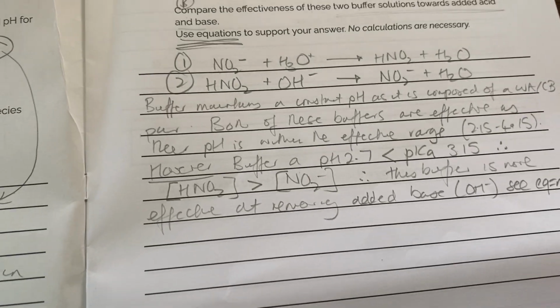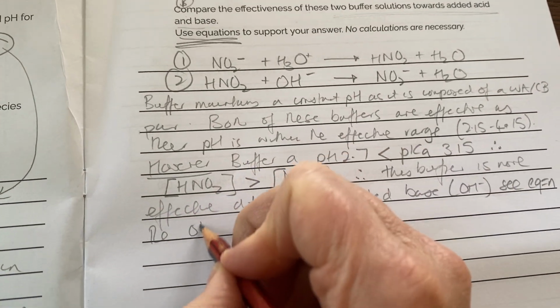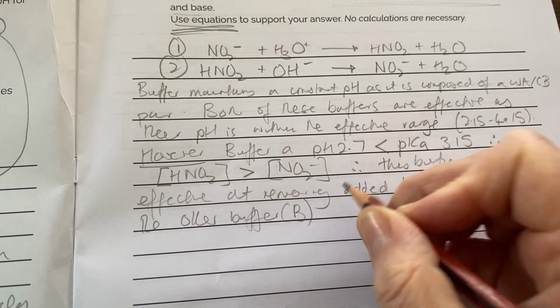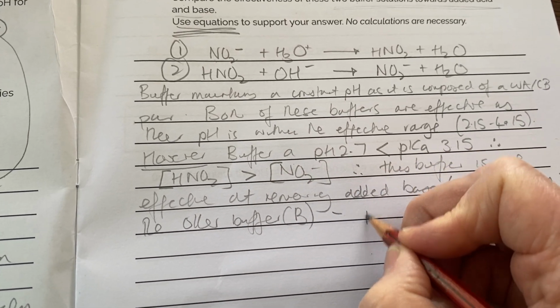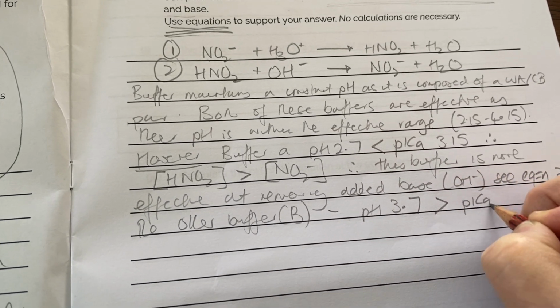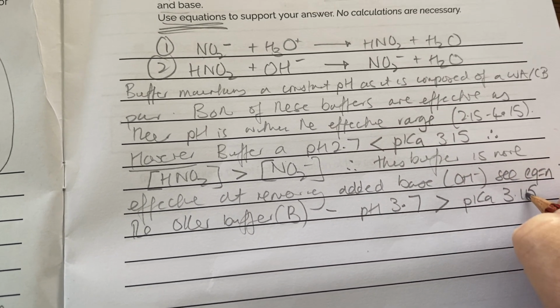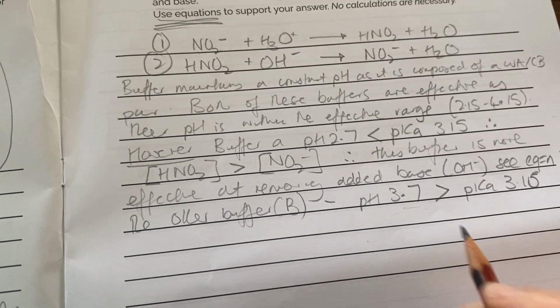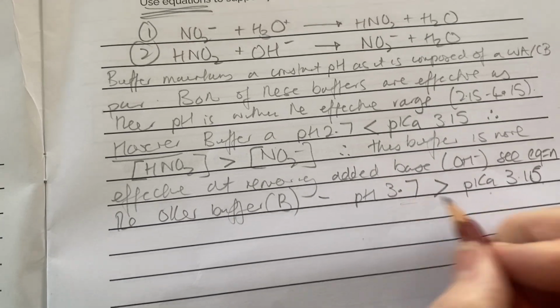Okay, and the other buffer, buffer B I named, has got a pH of 3.5, which is greater than the pKa of 3.15. So you did have to make these numbers a bit more useful than just numbers. So that's a pKa, that's a pH.